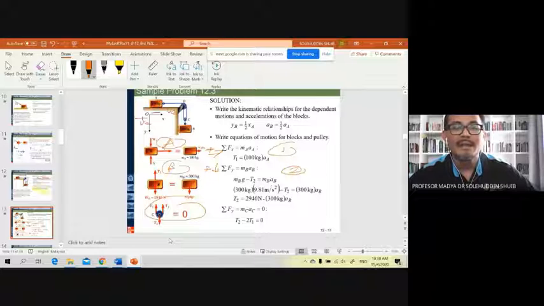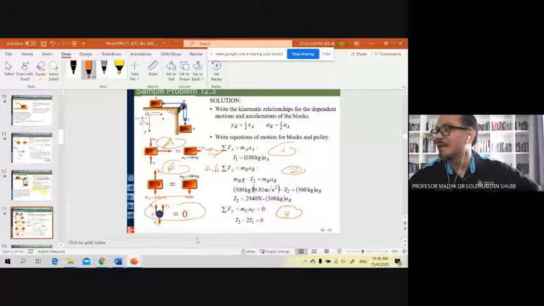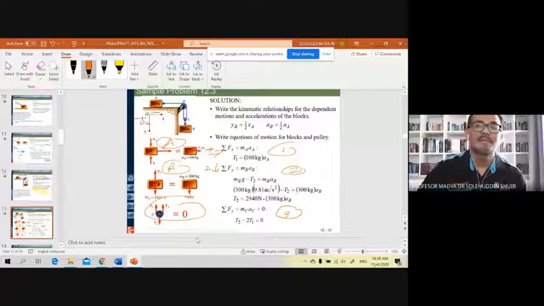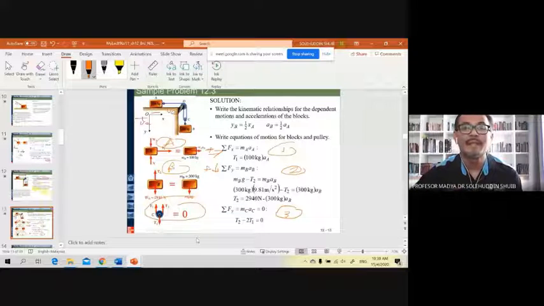The third one is the relationship of this pulley: T2 minus 2T1 equal to 0. These are the relationships of this type of problem, and you can solve it by knowing these three relationships.